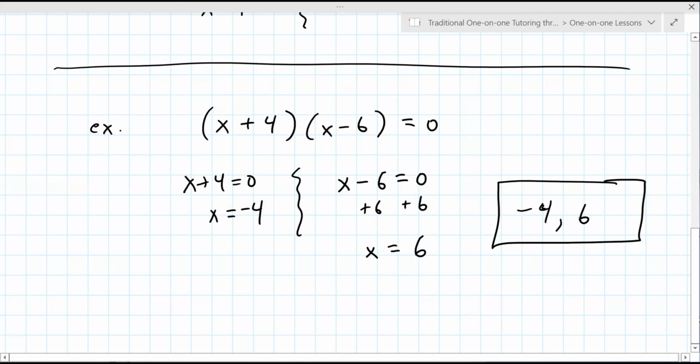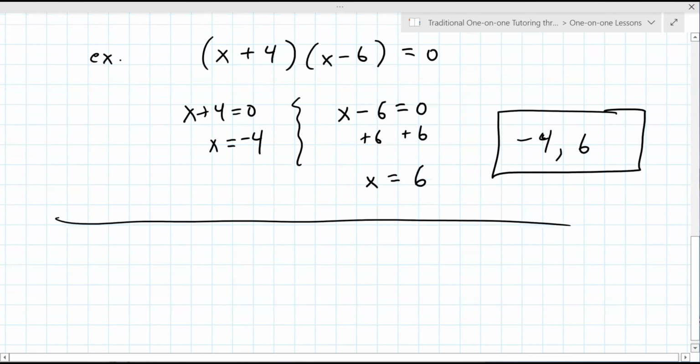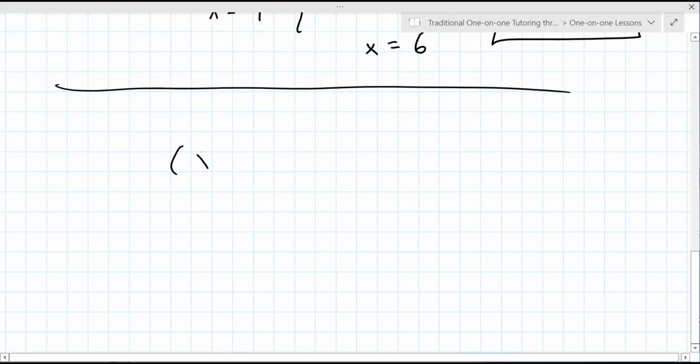So let's try another one. Do you have these notes down on your paper? Yes. Okay, let's try another one here. Let's go x minus 2, x plus 2, x minus 3 equals 0.